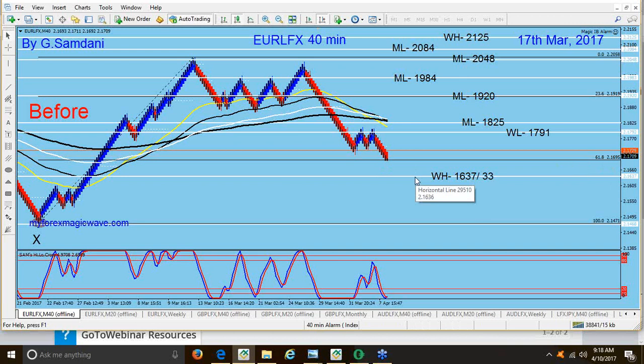Now, the interesting thing is that you have probably heard this phrase from me, the ending butterfly. What it is: a move ends on a higher time frame, making a small ending butterfly on a shorter time frame, or vice versa.